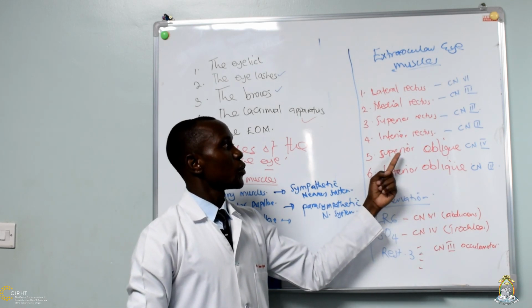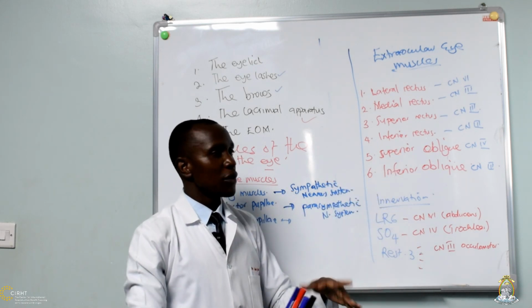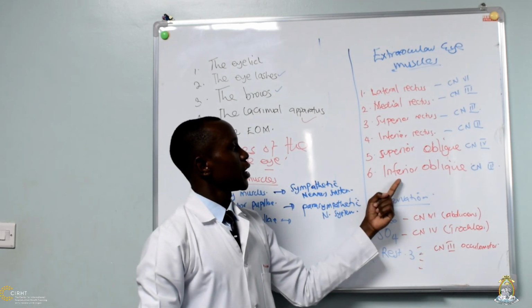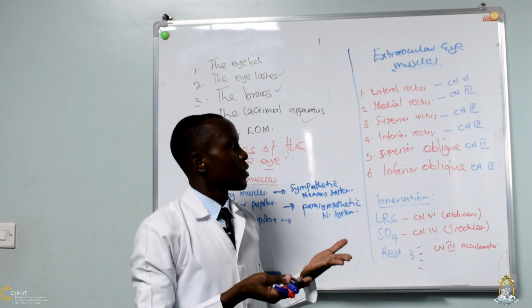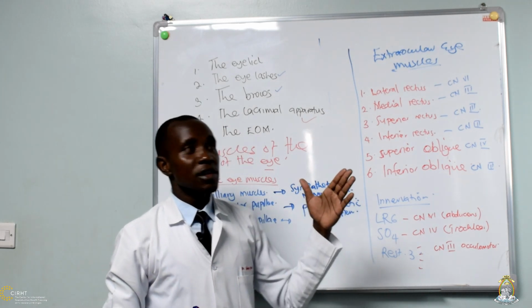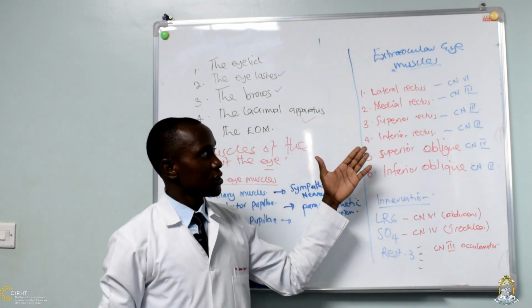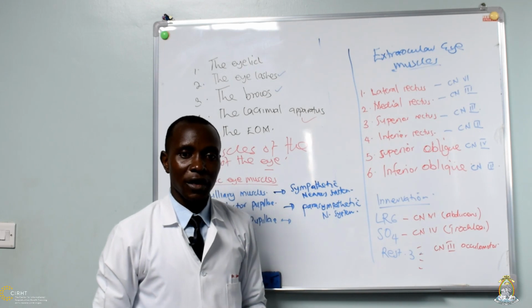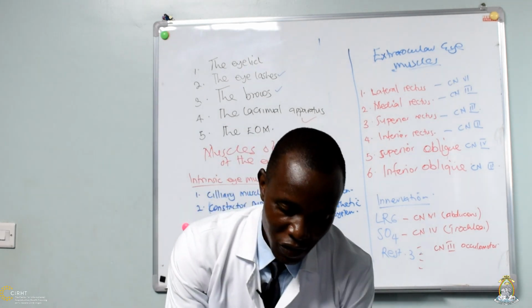Superior oblique depresses the eyeball and rotates it laterally. And inferior oblique elevates the eyeball and also moves it laterally. Okay, so those movements will be impaired depending on which cranial nerve is affected in case of any injury.